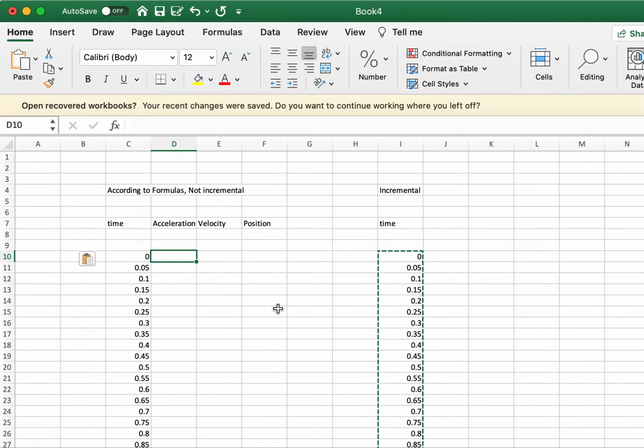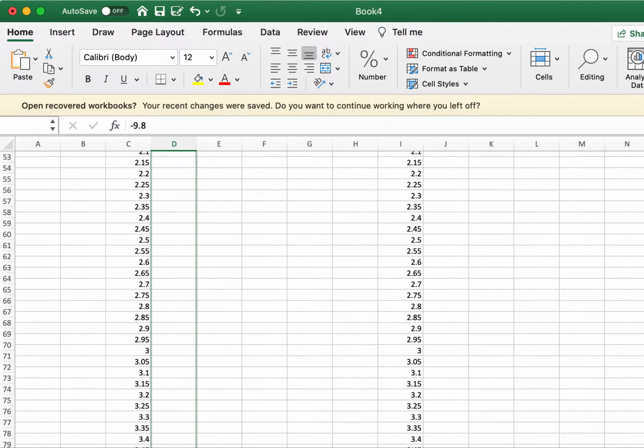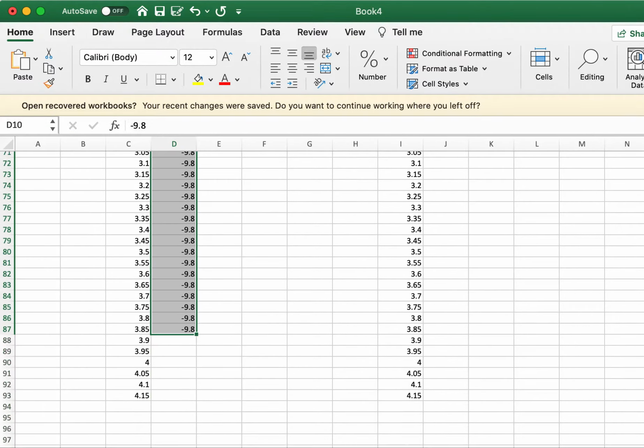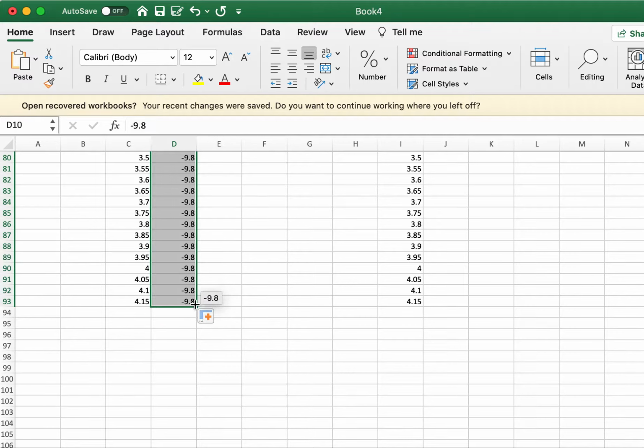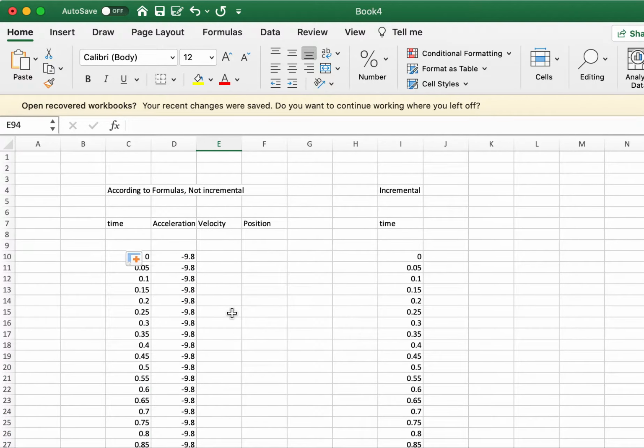Now when we're in free fall, we just want negative 9.8 to be our acceleration, all the time. And we're not including drag, so this is just according to the motion formulas that are derived from calculus.